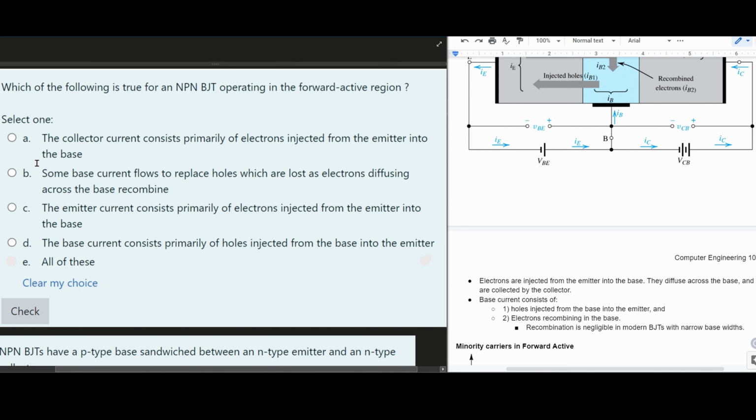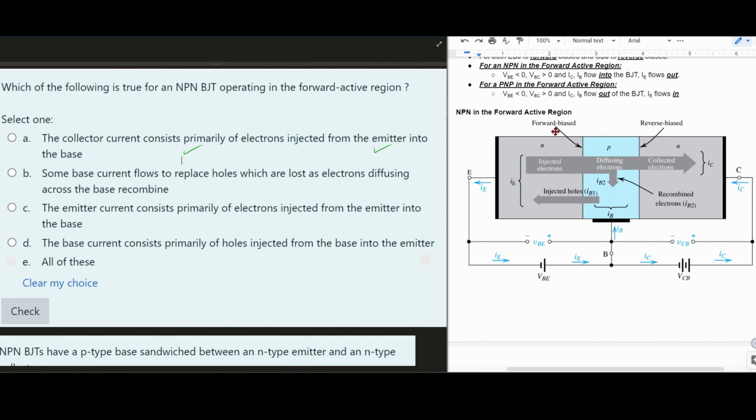First one, it says the collector current consists primarily of electrons injected from the emitter into the base. So if we look at the notes, electrons are injected from the emitter into the base. So we can already say that this last part, from the emitter into the base, is true. They diffuse across the base and are collected by the collector. Well, this is the collector current consists primarily of electrons injected from the emitter. So this is also going to be true, and we can look at the diagram for this.